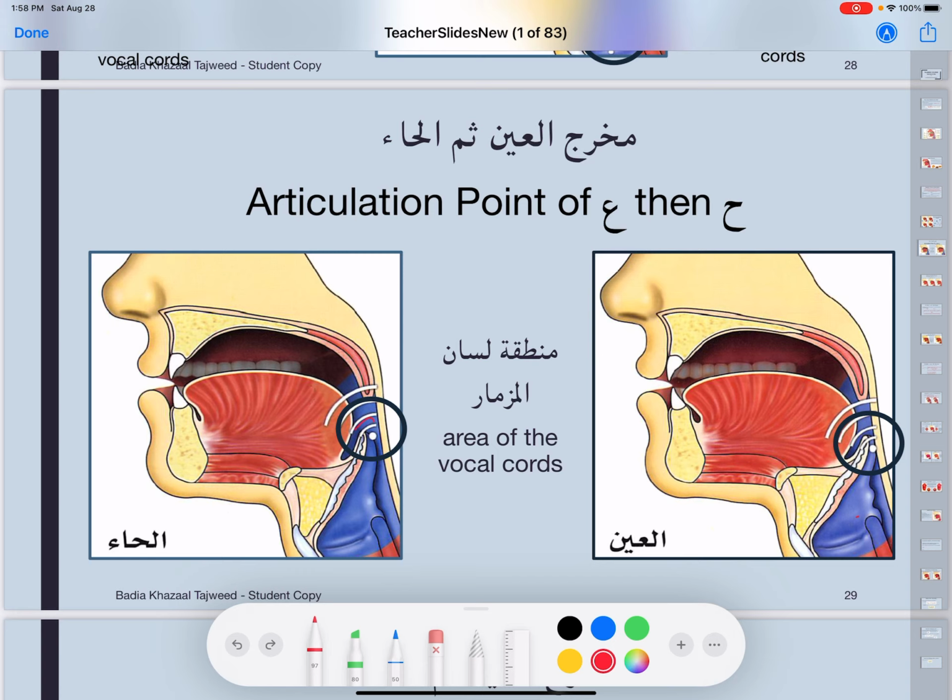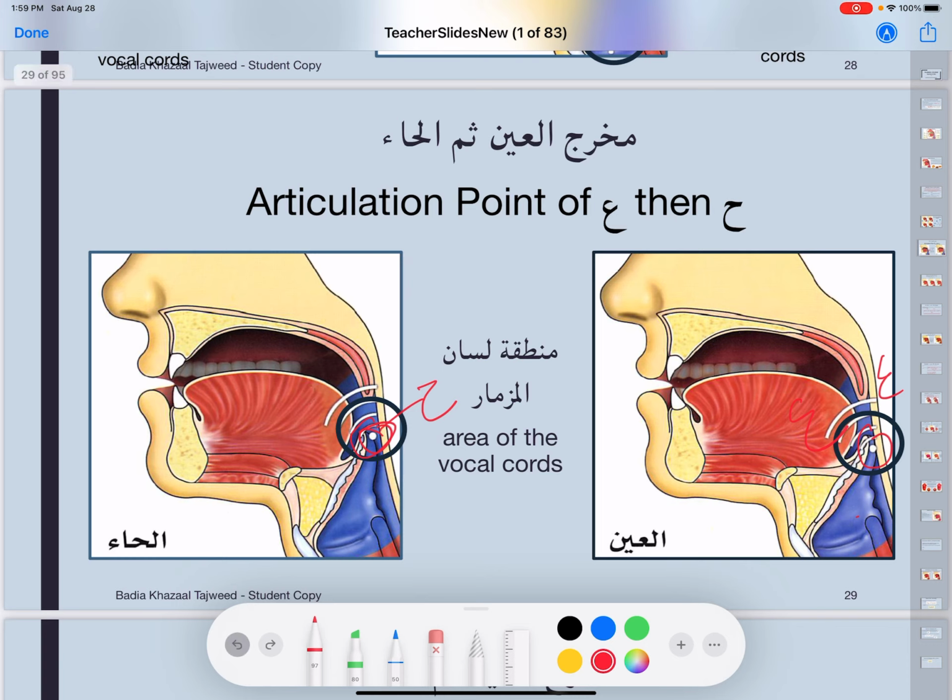Moving on to the other letter. As we see, both letters come out from the same area, which is wast al-halq, the middle of the throat. There's another letter that comes from here, which is the ha. This is the ayn over here, and this is the ha. The ha is the same: we need to use the epiglottis.